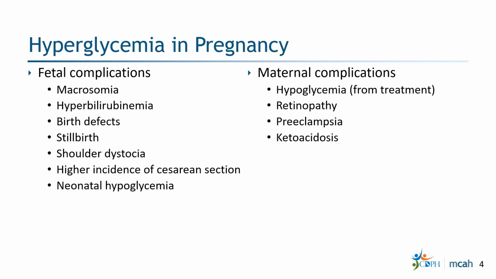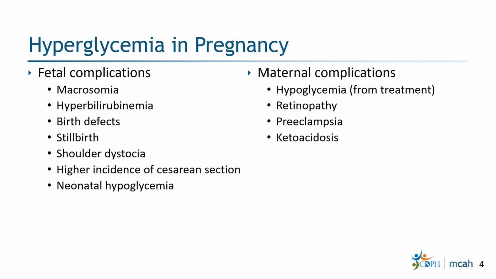Before we dive into the glucose monitoring component, I think it's important to reflect on why we care. What is the problem with high glucose in pregnancy? Unfortunately, it can lead to a number of complications, both for the baby and for the mother. For starters, we see large for gestational age babies, which can lead to a host of problems like shoulder dystocia.